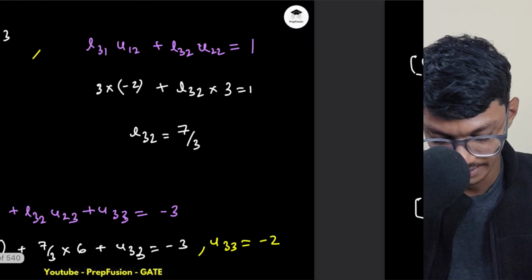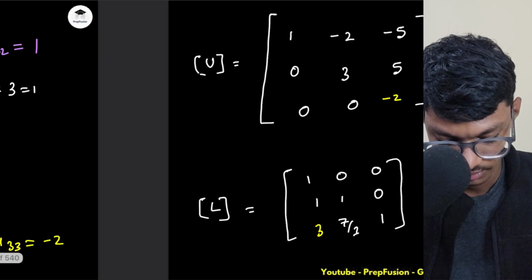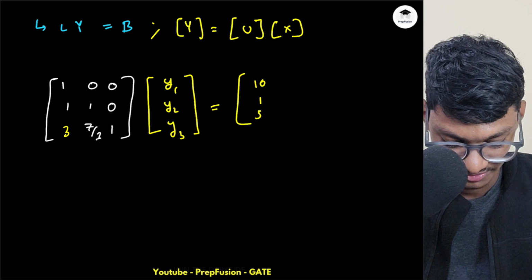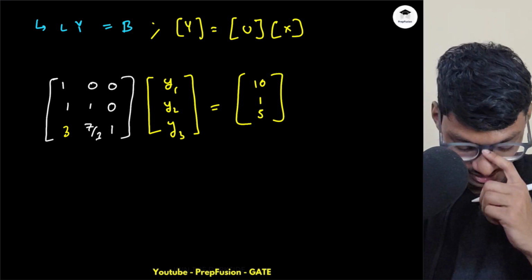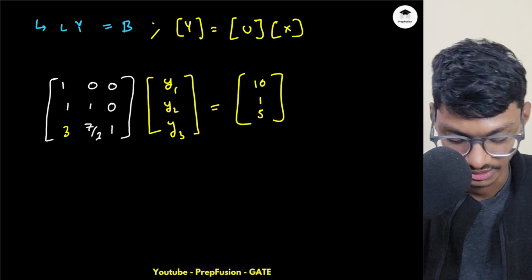And what is B matrix? B matrix is this, 10 1 5. By now, if I would have done the inverse, I would have simply found out the solution, but that is fine. Sometimes they ask the L matrix or U matrix, then only it is useful.